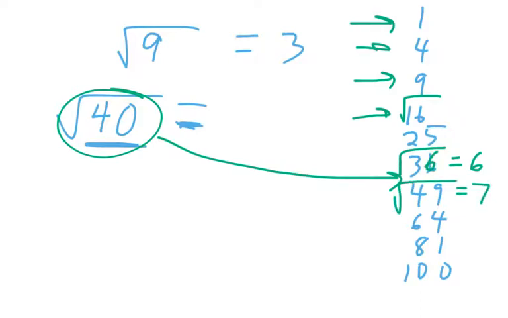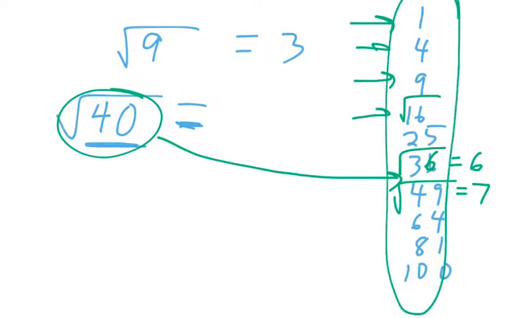So what we can do is use our knowledge of these values, called perfect squares, to estimate what the square root of 40 would be. So if you look, 40 is closer to 36. It's only 4 units away from 36, but it's 9 units away from 49.